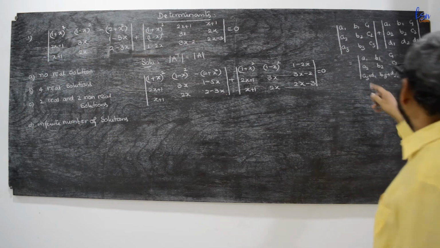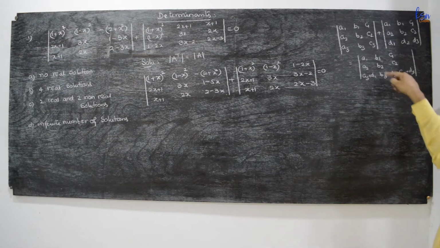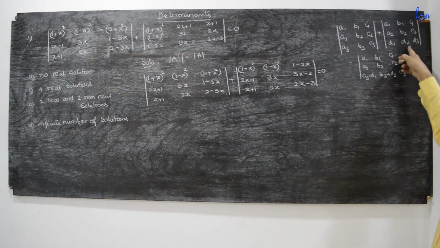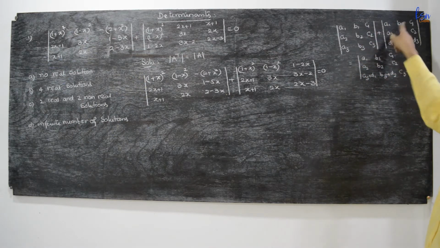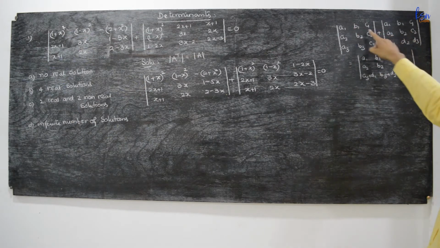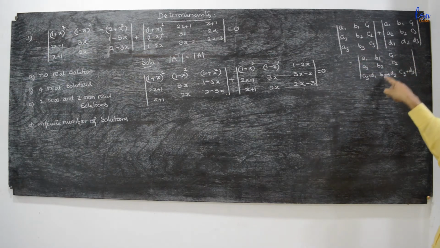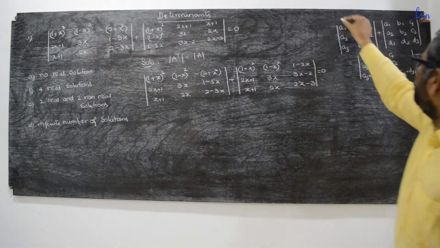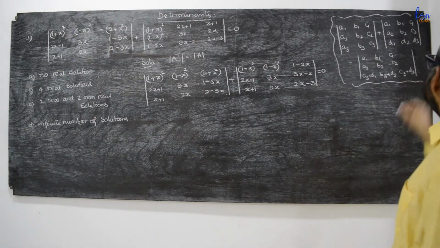That is, if the elements of any row or column is the sum of two numbers, it can be split into two individual determinants and vice versa. That means if two individual determinants are given, while adding, you write the first and second rows as they are because they are the same. The corresponding elements of the third row must be added. So this is the formula for adding the determinants.